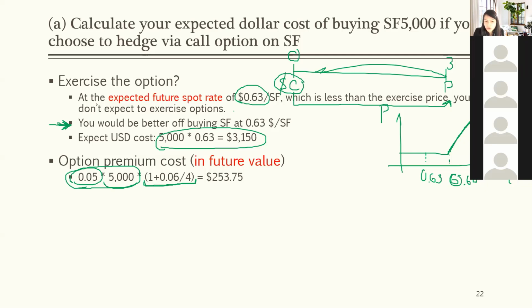Because I'm a US citizen, I'm going to buy the option in the US market. So when I compute the future value of the option cost, I'm going to compute it at the US interest rate. Here I'm carrying the option cost forward 3 months. So my future value is going to be 1 plus 6% divided by 4. This is the 3-month interest rate. So the option premium cost in this case is therefore 253.75.